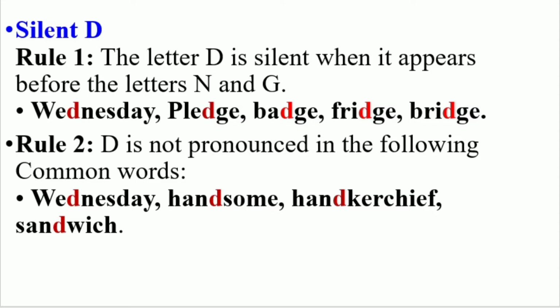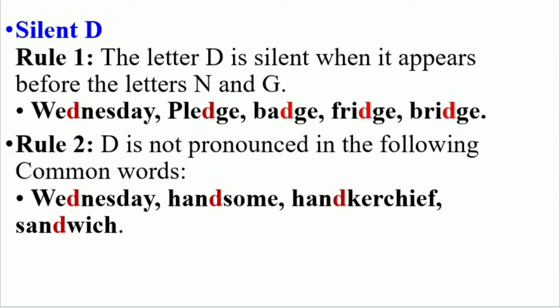And now the letter D. D is silent when it comes before N and G. For example, Wednesday, pledge, badge, fridge, bridge. D is not pronounced in the following common words.